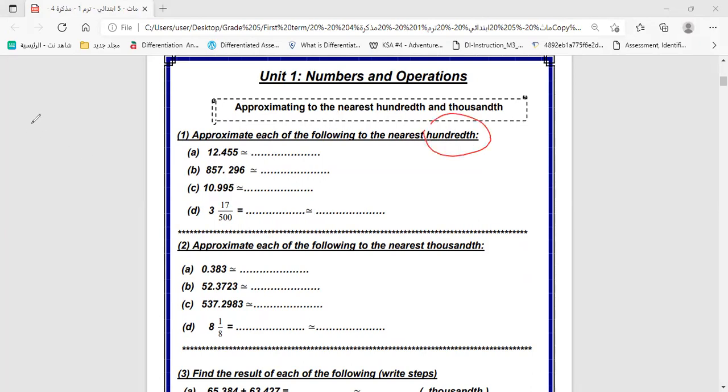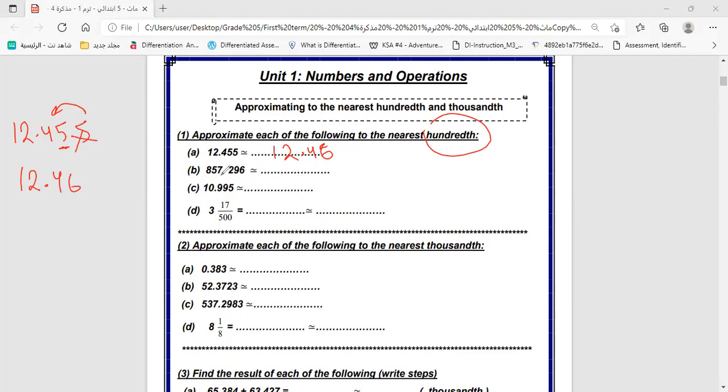So step number 1, I will circle the hundredth digit, then look next door. Next door we have 5. 5 is as strong as we said, so it will push the digit and give it 1. So the final answer will be 12.46, and cross the 5 itself. This is the approximated value to the nearest hundredth.